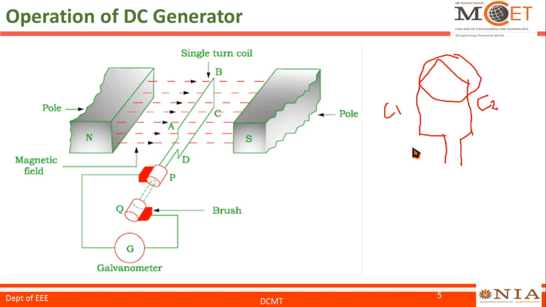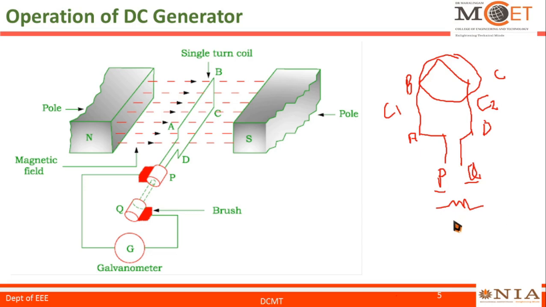Referring to the diagram shown, this is A and this one is B. That is, the conductor C1 is A and B, and conductor C2 is C and D. Two coil sides are connected to slip rings, namely P and Q, and these two are connected to a load which will carry the current I, or I can connect the voltage across.